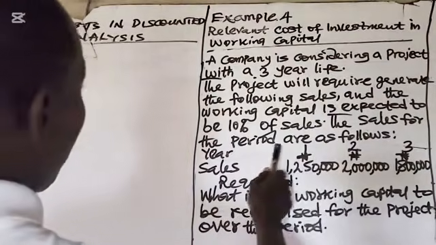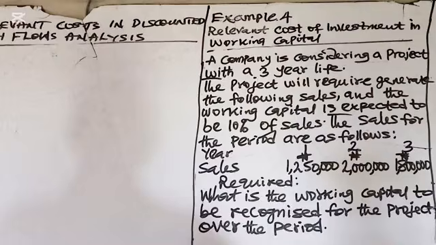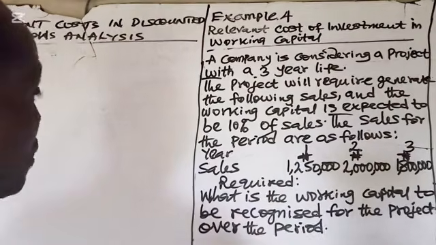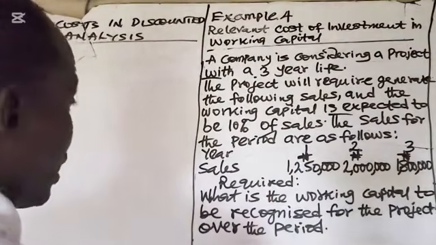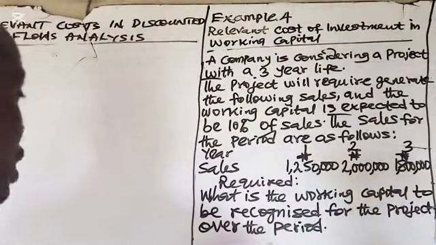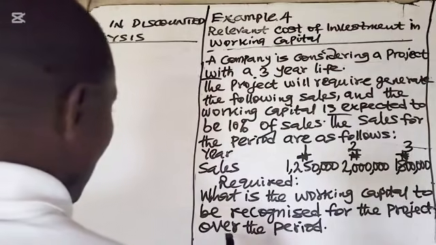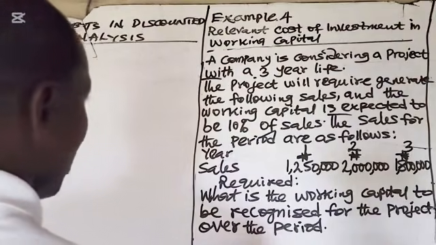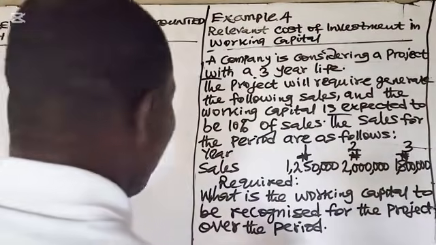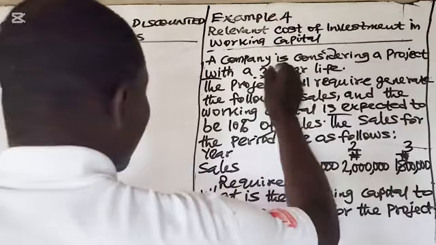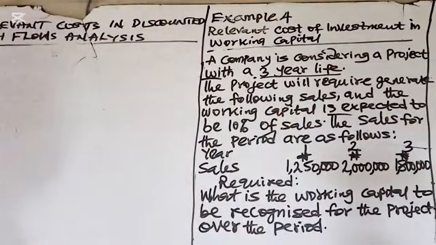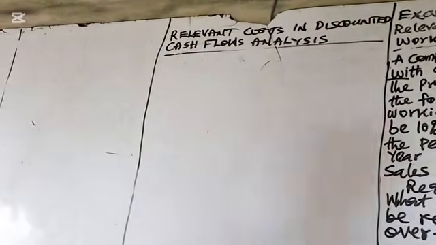We have sales year 1, 1,250,000, year 2, 2 million, year 3, 1.8 million. Required: what is the working capital to be recognized for the project over the period? The life of the project is 3 years, and you are given the sales for each of the years.